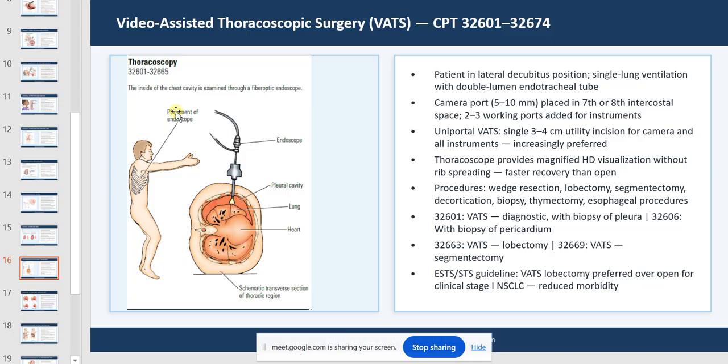So what are all the possible procedures they can do? They not only do biopsy, but also, for example, if there is a big tumor in this lobe, they can remove the entire lobe, or they can remove the entire lung with the help of this thoracoscope. That's also possible.